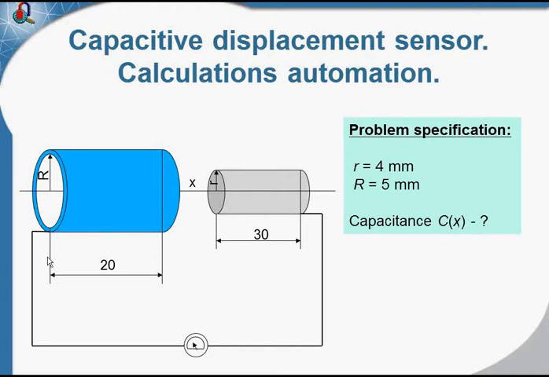The largest cylinder has the length of 20 millimeters and the radius of 5 millimeters, and the small cylinder has the length of 30 millimeters and the radius of 4 millimeters. Let's start QuickField and simulate this case.